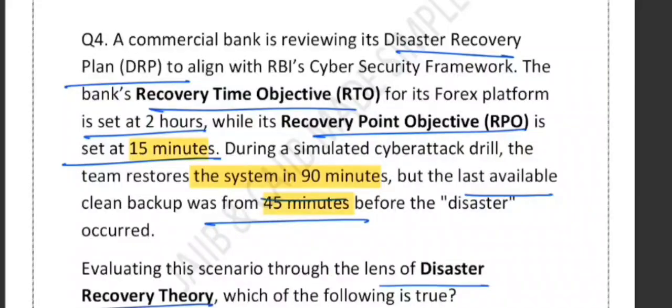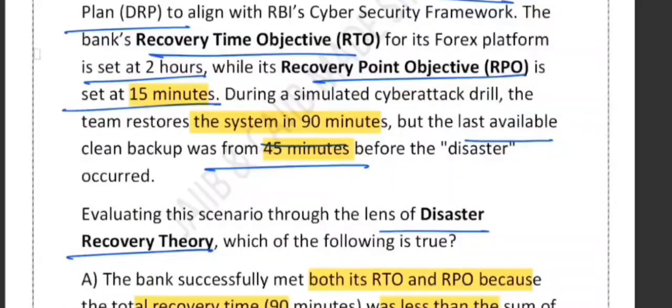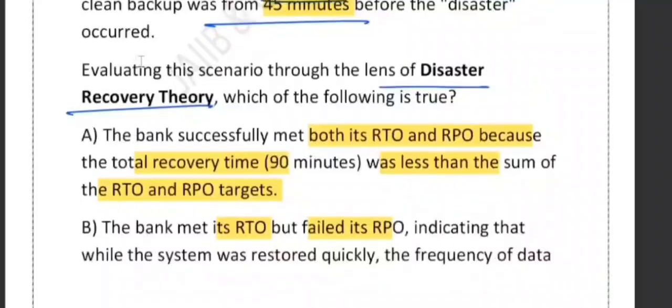So why is this important? Because failing RPO means losing transactions between the last backup and the crash. So it is a compliance risk as per RBI and PMLA. Now let's look at option A. Option A says meet both RTO and RPO because 90 minutes is less than RTO plus RPO. Actually it is wrong. RTO and RPO are independent, right, not additive. What about option C?